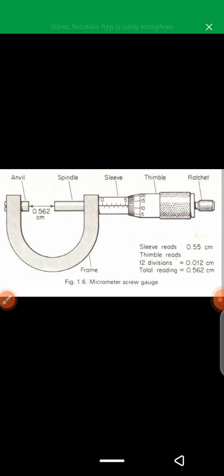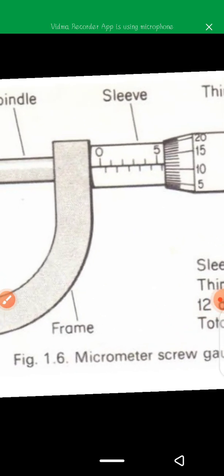So you have 5.5, but then they basically just converted it to centimeters. Now after reading your main scale, you jump to your thimble scale or your vernier scale. Now let me zoom in.